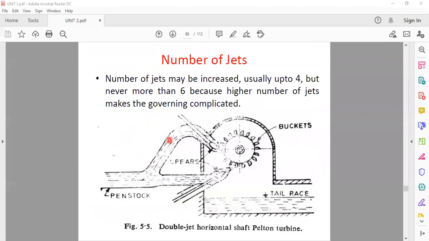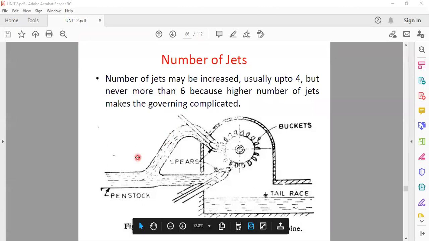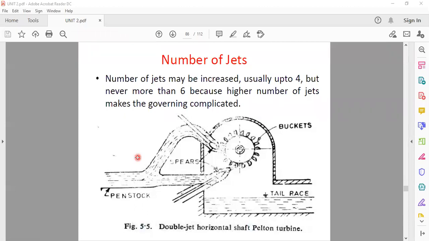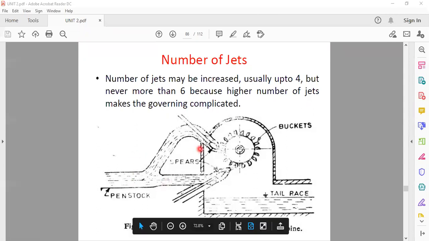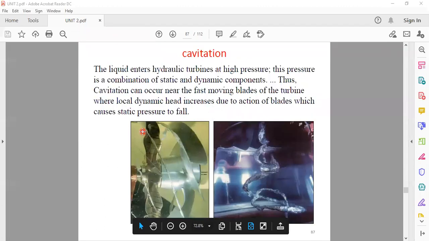The number of jets may be increased, usually up to 4, but never more than 6, because a higher number of jets makes the governing complicated. We can see here, this is number of jet 1, 2. This is the bucket. This is called a double jet Pelton wheel turbine.